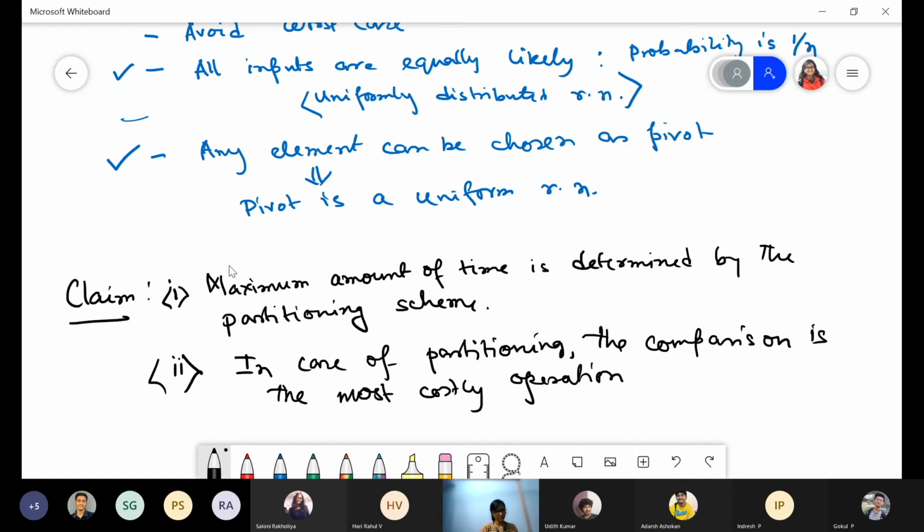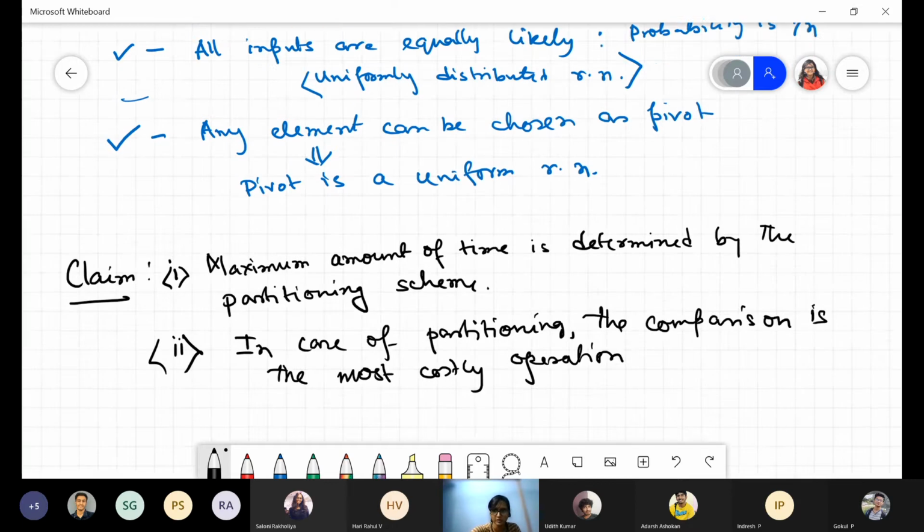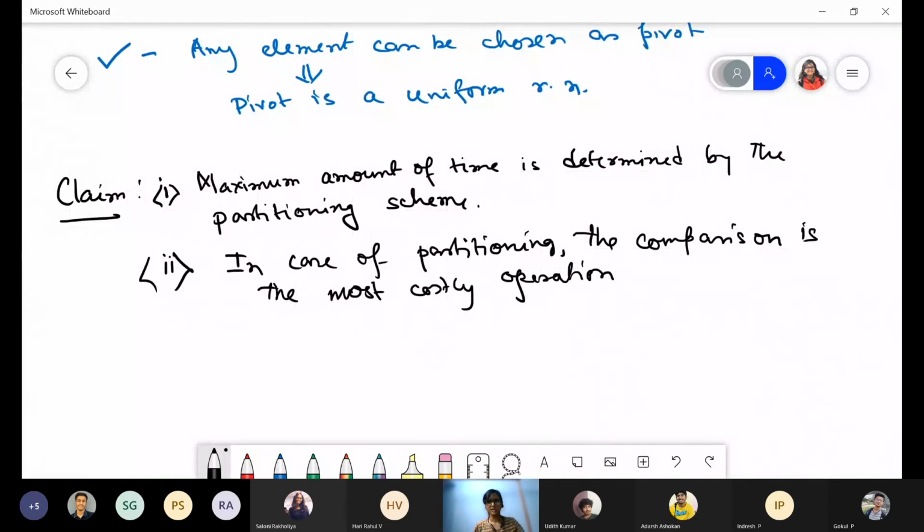That is our task in the partitioning. And then we have some exchange also. Some amount of exchange will be there, but exchange is just swapping of elements, just a change of position, so this is a one time step operation. We are claiming that the determining factor of partitioning is how many elements are going to get compared with the pivot. So these are my claims, and we are going to calculate the time according to these claims.